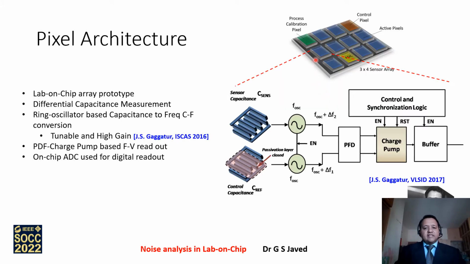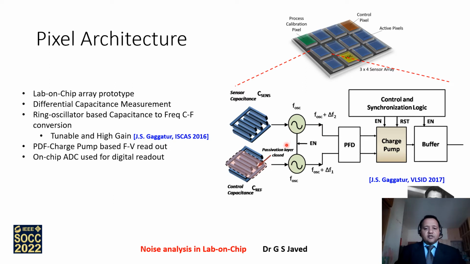Going on to the pixel architecture, if you zoom in on this active pixel in blue, you would look at the effective design, which is as follows. You have a differential capacitance measurement design where a ring oscillator based capacitance to frequency conversion is done.